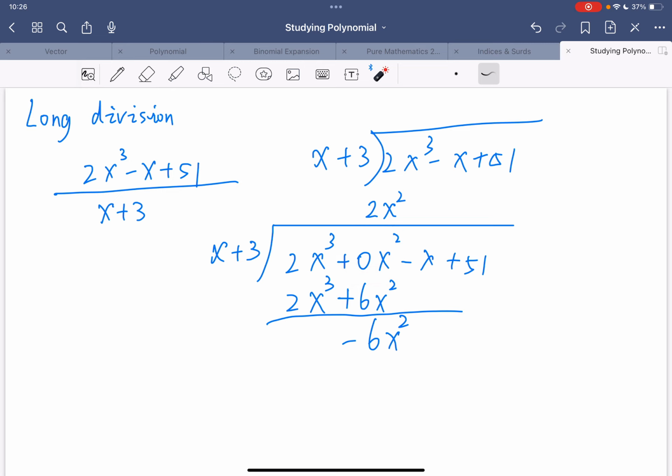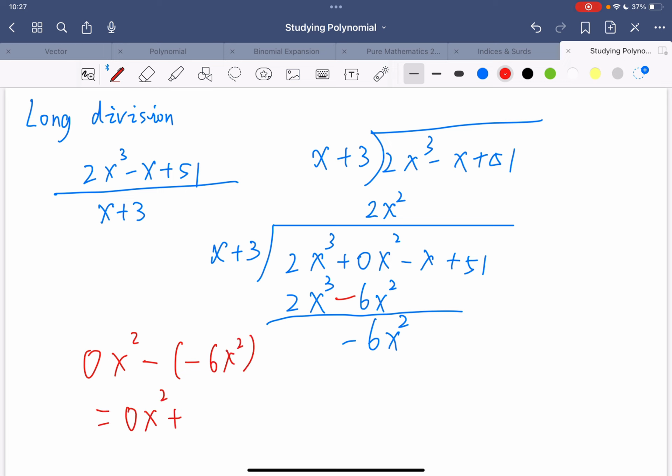But what if the lower term changes into negative? For example, I change this term into negative 6x squared. Is the answer still negative 6x squared? No, because 0x squared minus negative 6x squared equals 0x squared plus 6x squared.